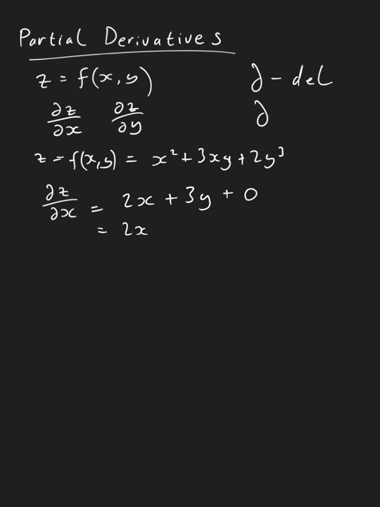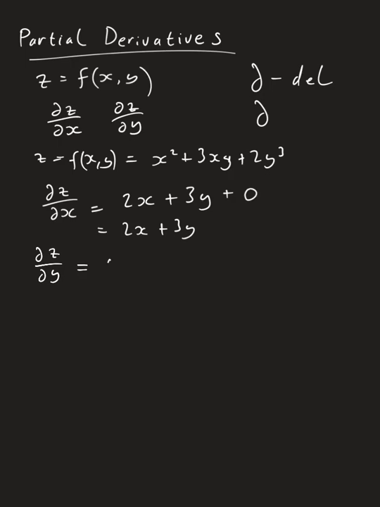So it's just 2x plus 3y. The other partial derivative that I could take would be with respect to y, del z del y. So the partial derivative of x squared with respect to y, remember now I'm treating x as the constant and y is the variable.